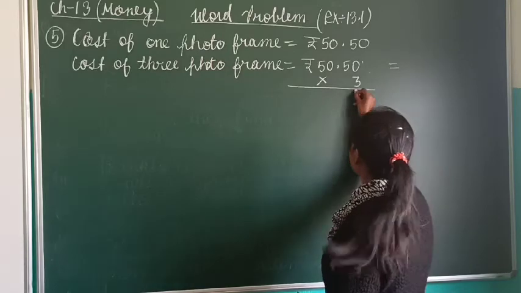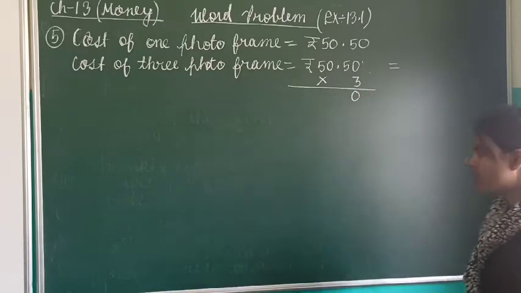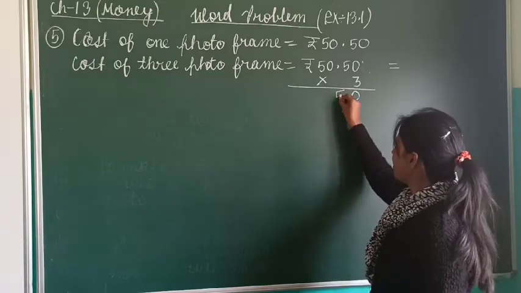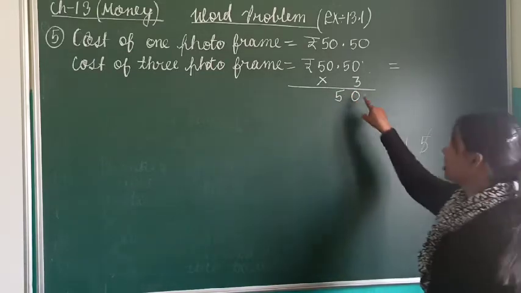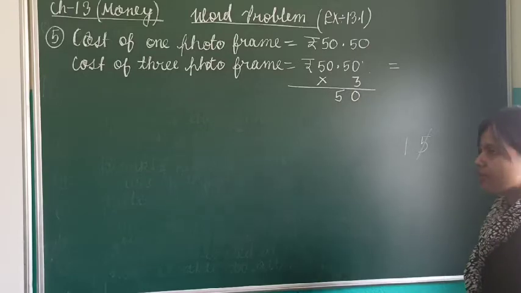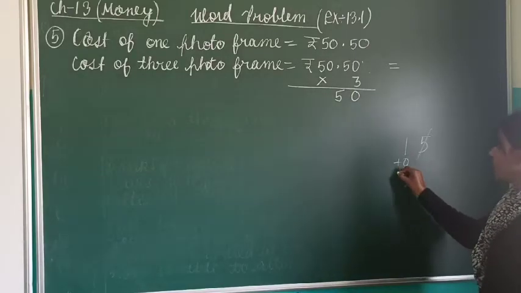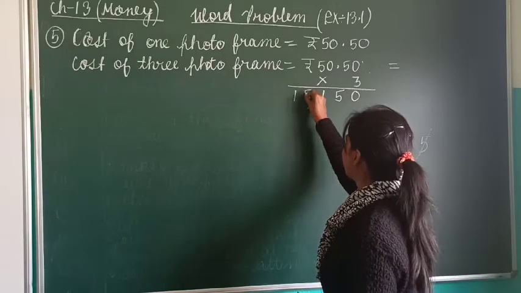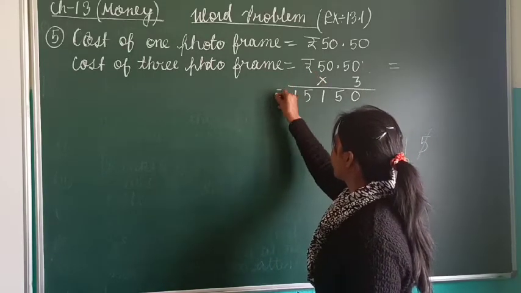3 zeros are 0. 3 5s are 15. 15, from 5 we will cut and write here, 1 will be left here. Now 3 zeros are 0, but as 1 is here, first we will add it. How much do you get? 1. Now 3 5s are 15. Here rupees is there, so you write rupees.